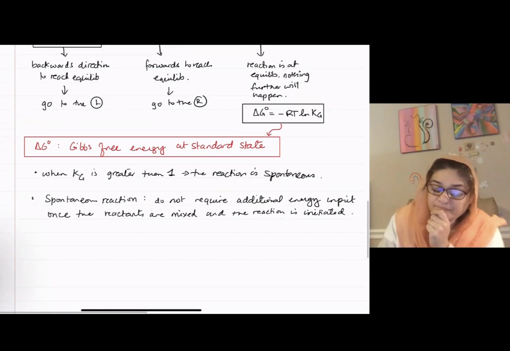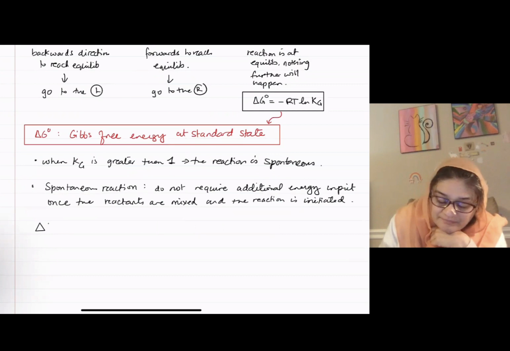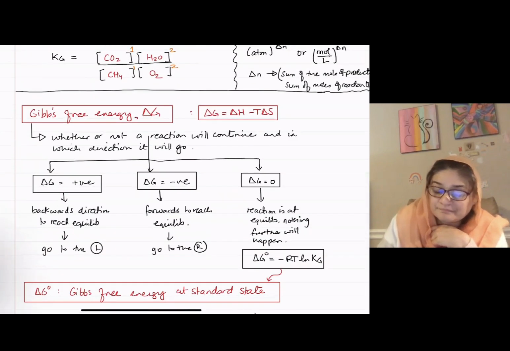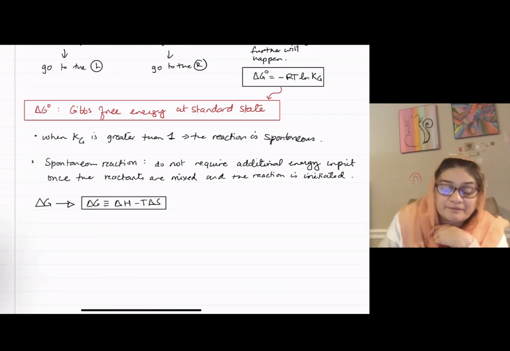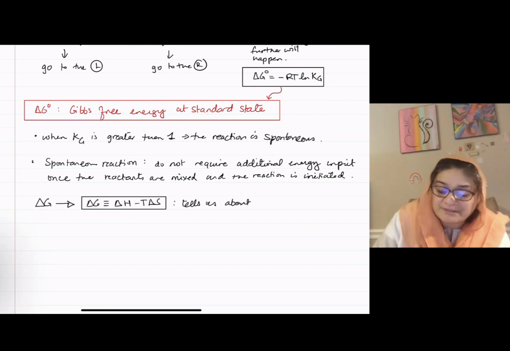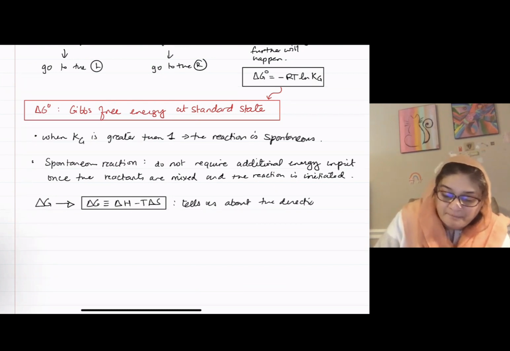Now, delta G, that we knew, defined as delta H minus T delta S from here, tells us about the direction of the reaction.